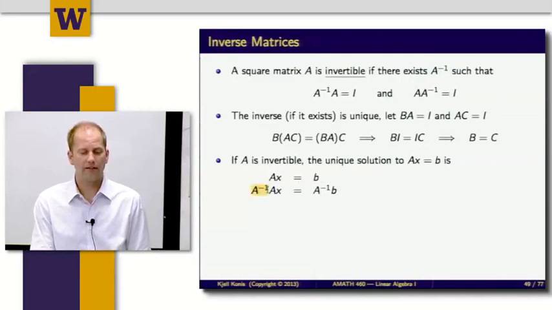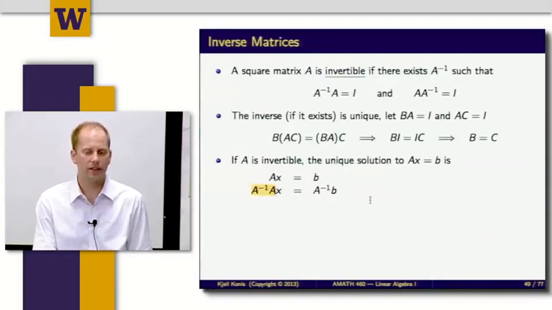I put A inverse before the AX and an A inverse before the B. And then A inverse A, by the definition of the inverse, is just the identity matrix. So the identity matrix times X is equal to X. So I end up with X, which is the solution, the thing I'm looking for, equal to A inverse times B.